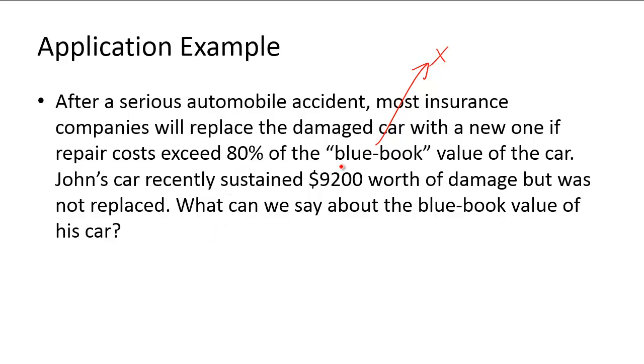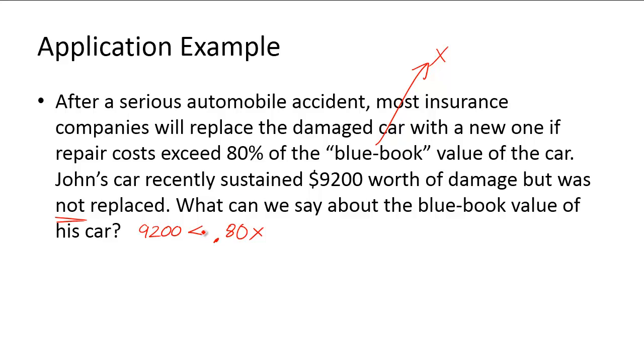Taking 80% of the Blue Book value would be 80% of x. The company will replace the damaged car if the repair cost exceeds this amount. So if the repair cost, $9,200, was greater than or equal to 80% of the Blue Book value, then it would be replaced. But it was not replaced, meaning we need to change this to less than.